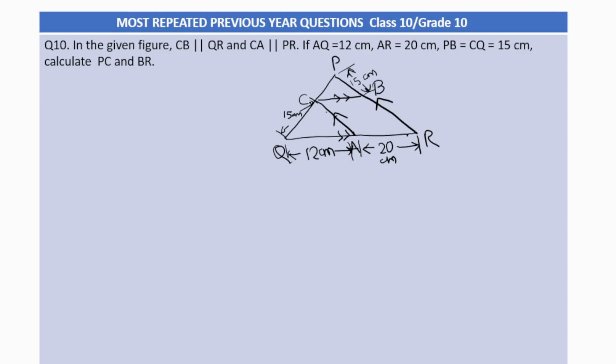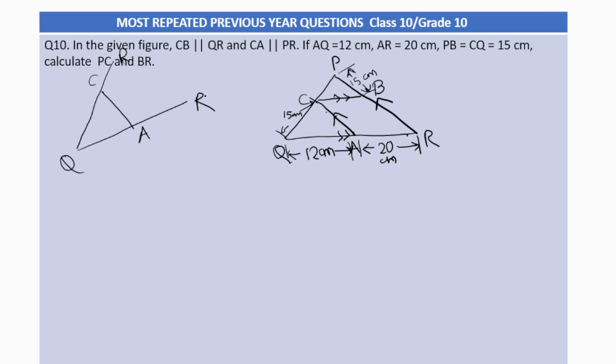Because the BPT theorem says that if one line is drawn parallel to one side of the triangle and that line intersects the other two sides at two distinct points, like this line CA intersecting at two distinct points C and A of the two sides QR and QP, then we can use the BPT theorem.